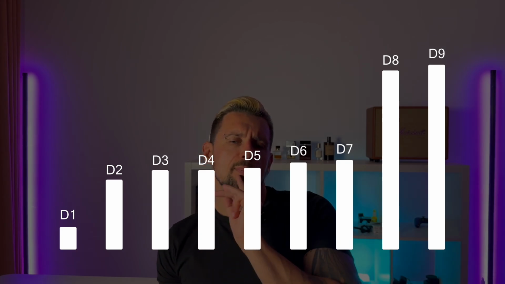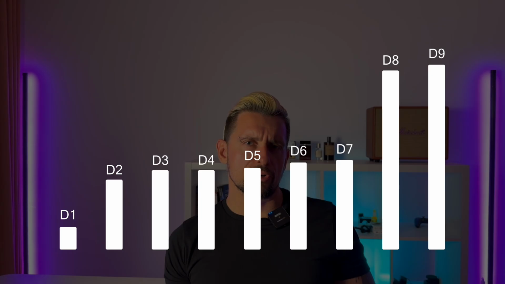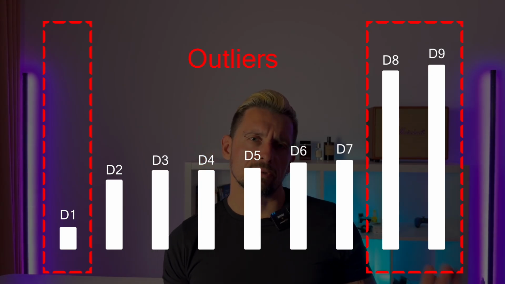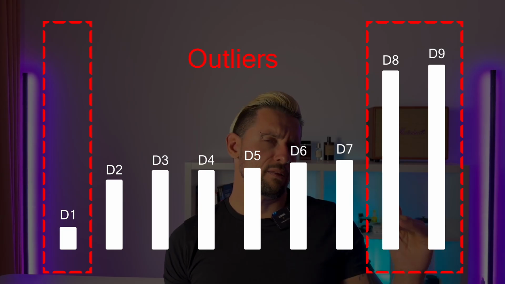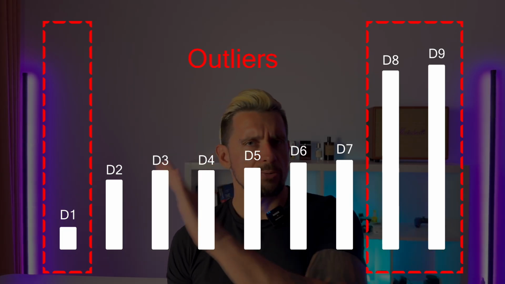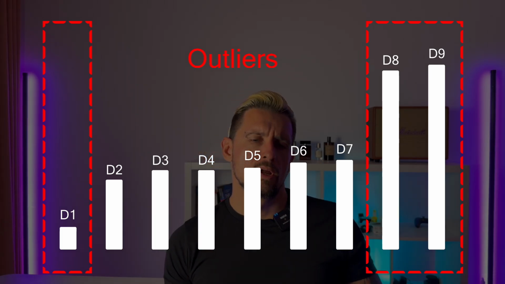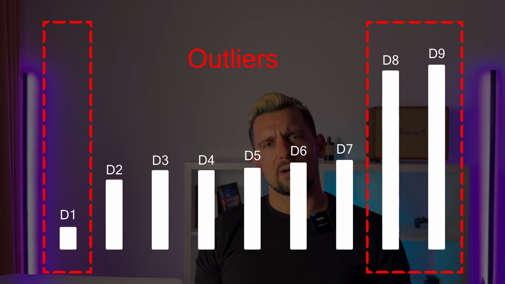Then I can sort these price differences, so I will have a sorted array of price differences. Obviously I'm going to have outliers on one side, the lowest ones, and the highest ones on the other side. It's when we have huge sells or huge buys of the coin. Those are outliers.